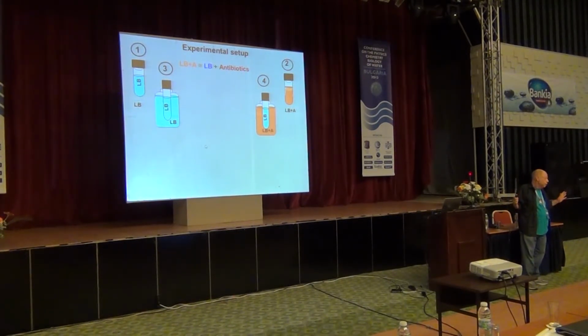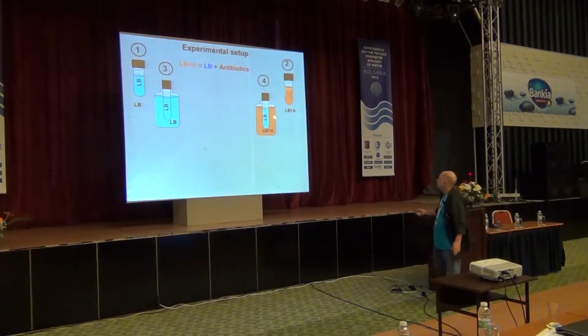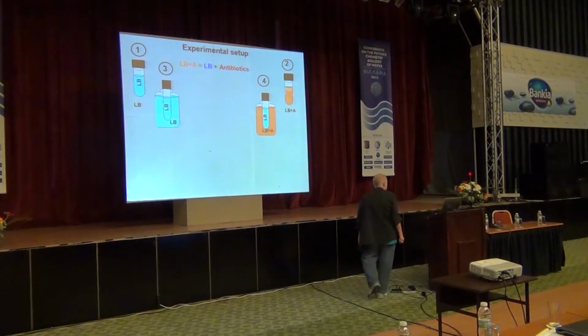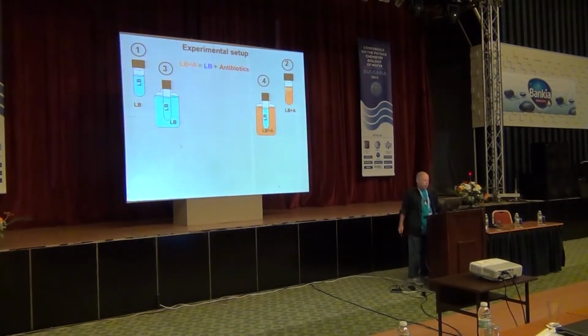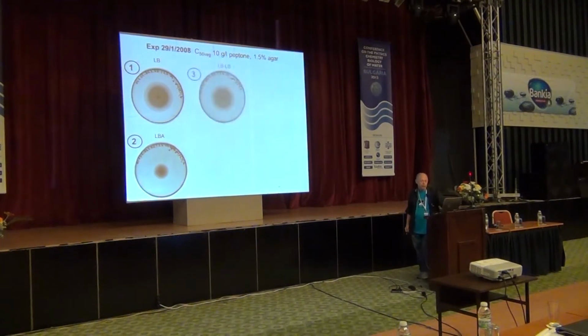I don't know how. I have some speculations, but so this is the experiment, and we also tested it with electromagnetic radiation, with the coil, to see if it's amplified. So these are the cases. You see, this is 4 and 6. No antibiotic, but inside the test tube with antibiotic, and here is no antibiotic. These are the results.